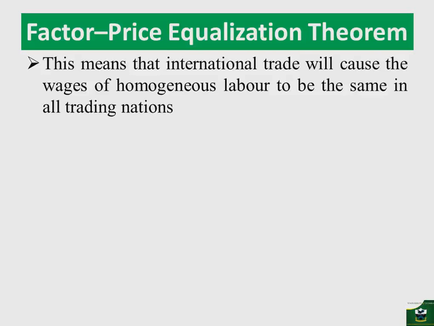But because of international trade and nations specializing in producing commodities where they are efficient, the labor prices will go up and the two will be equalized. As such, we need to note also that international trade will cause the price of homogeneous capital to be the same in all trading nations. And for this to be true, all 11 Heckscher-Ohlin assumptions must hold.